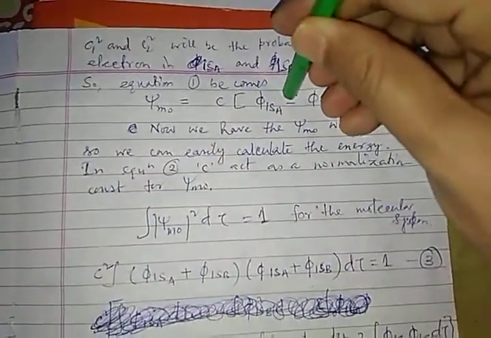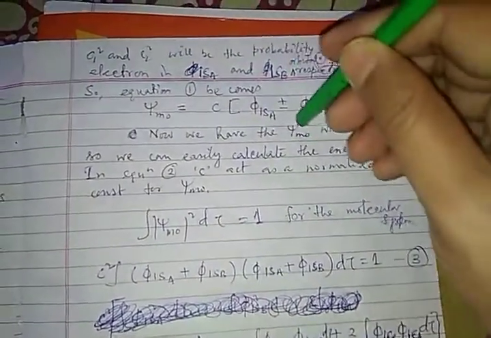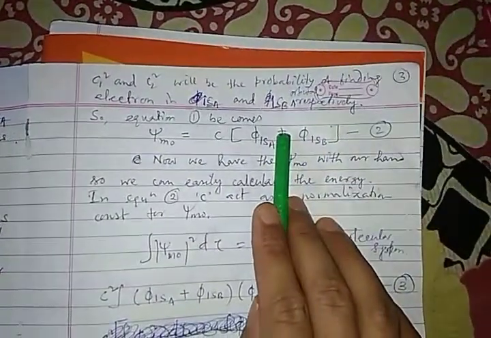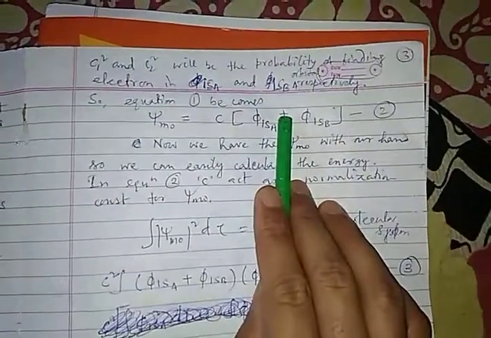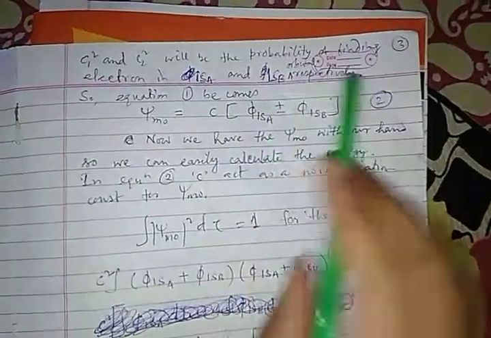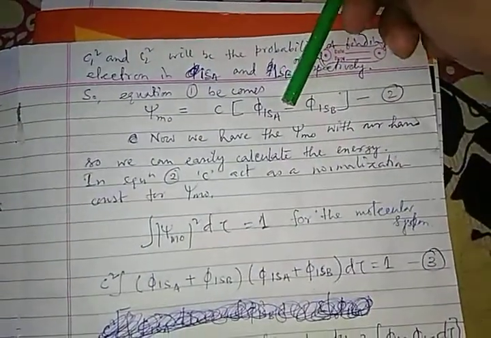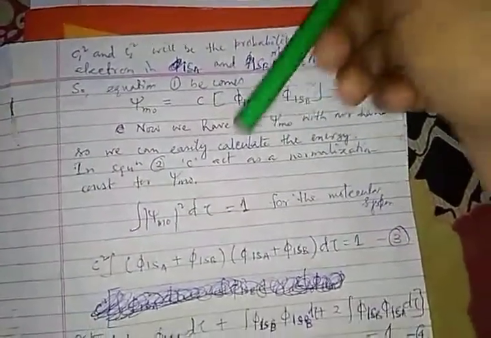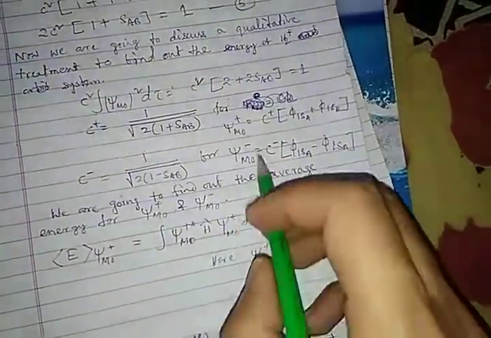This minus combination will be my psi MO minus. We have carried out all the things for the plus combination. Now we want to find the energy for the minus combination, and we designate this combination as psi MO minus.